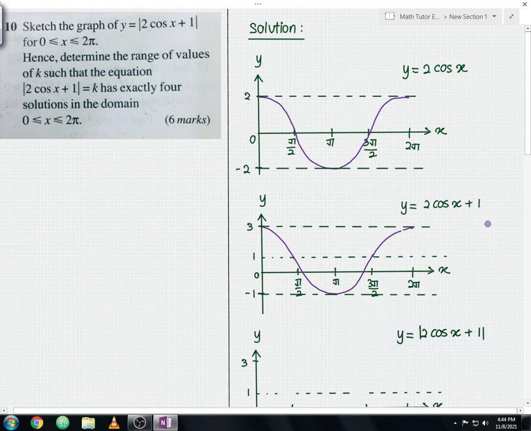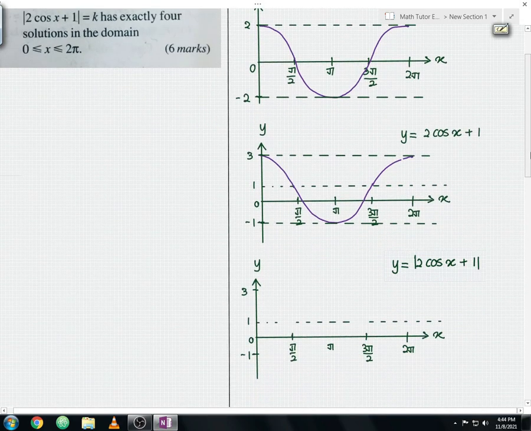When you add plus 1, your lowest value will be negative 1, and your highest value will change to 3. The top value and bottom value are changed by positive 1 respectively, guys. So that is the difference between y equals to 2 cos x and y equals to 2 cos x plus 1. Other than that, the oscillation still remains the same, one oscillation within 0 to 2 pi. So that is the graph of y equals to 2 cos x plus 1.